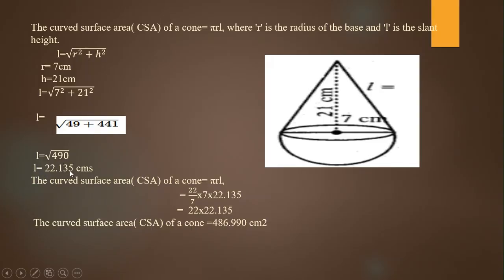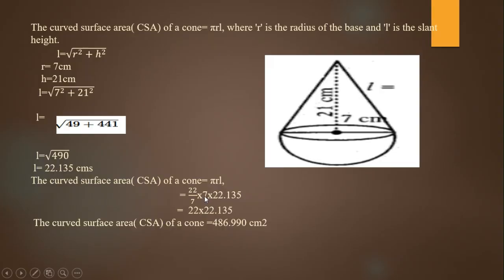What is the slant height of the cone? 22.135 centimeters. Now by taking the slant height value, we can easily find the curved surface area of the cone. What is the curved surface area of the cone? Pi r L, where pi is 22 by 7, r is 7 and L is 22.135.